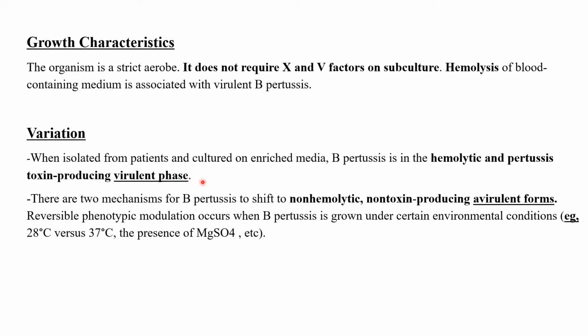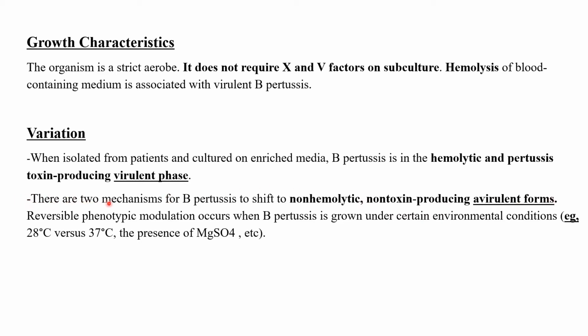So in the virulence phase, the bacteria produce hemolysin enzyme, so we can see hemolysis on blood-containing media, and the bacteria produce toxin. While the avirulence phase is non-hemolytic on a blood-containing media and non-toxin producing.